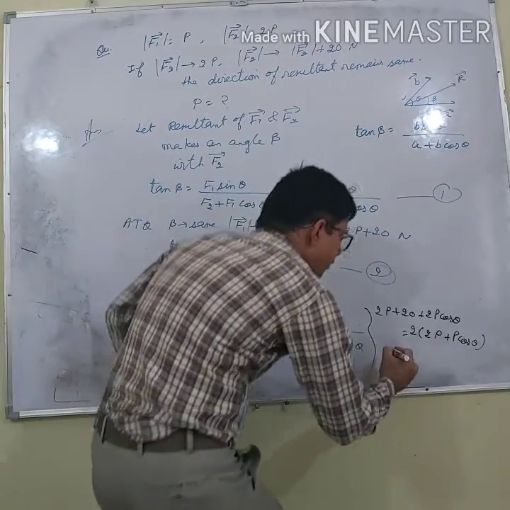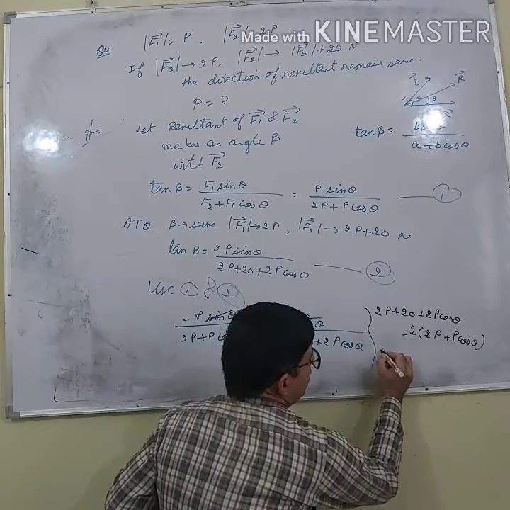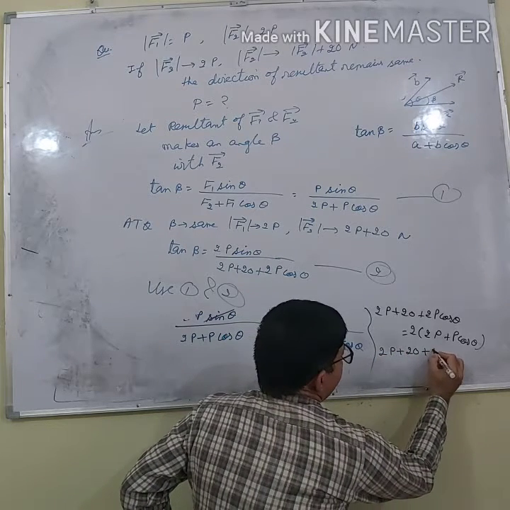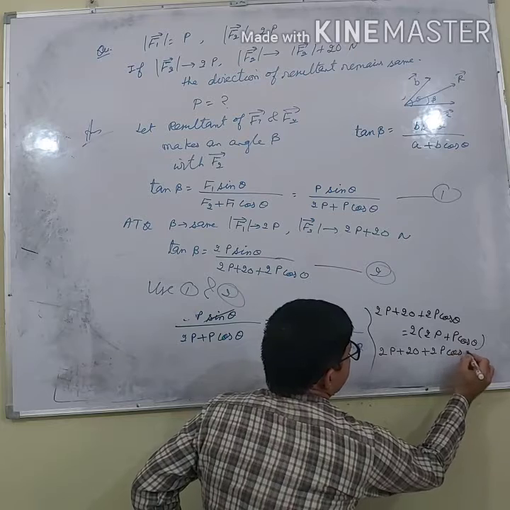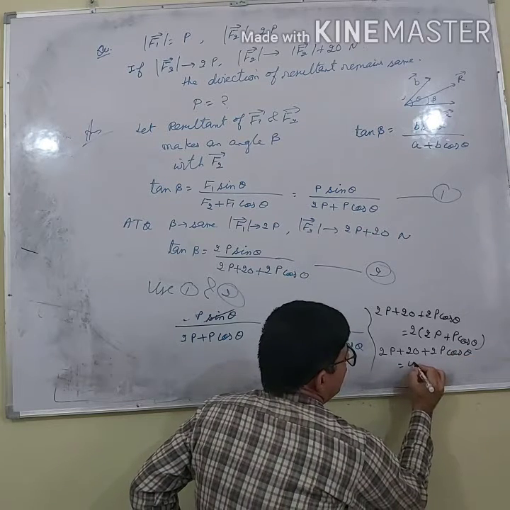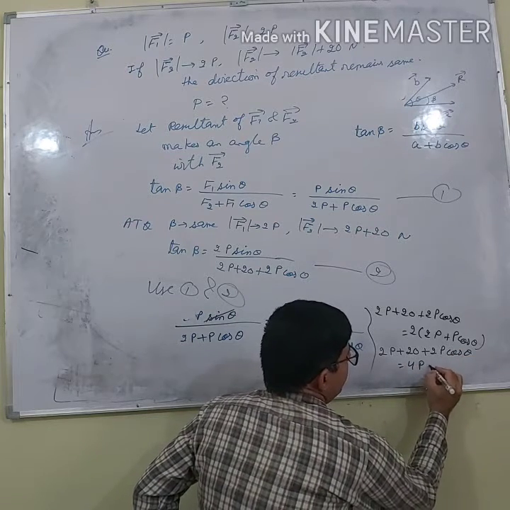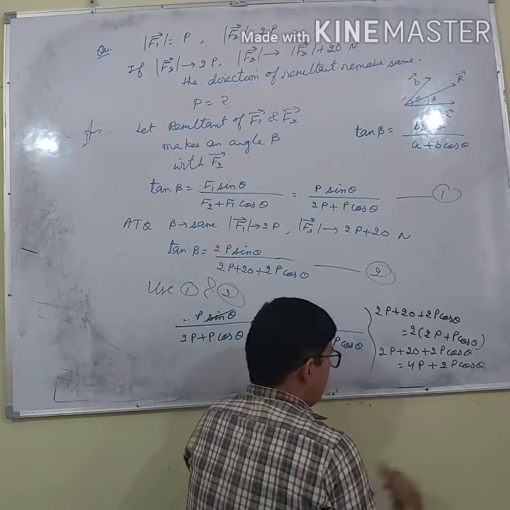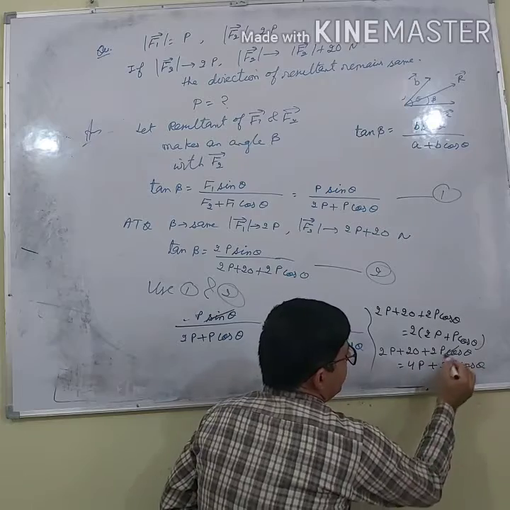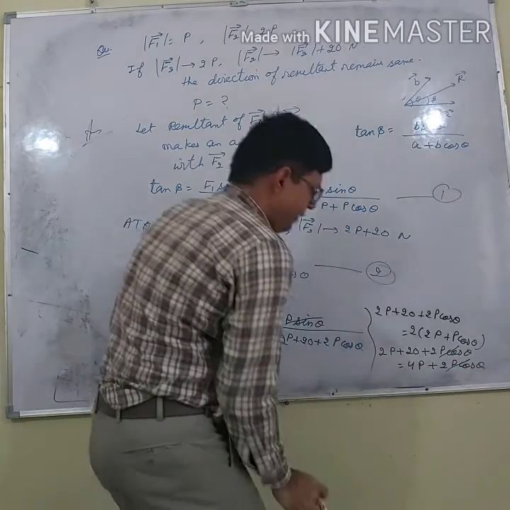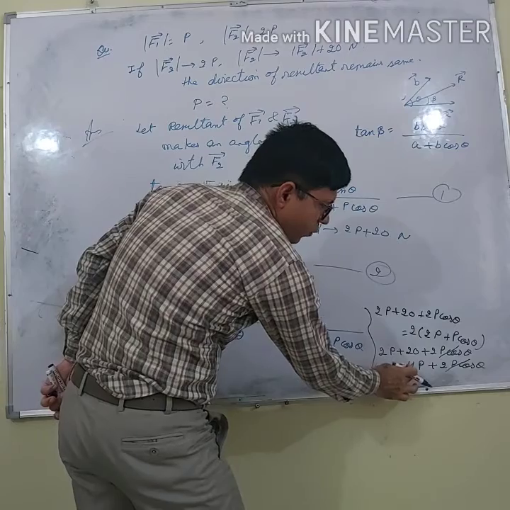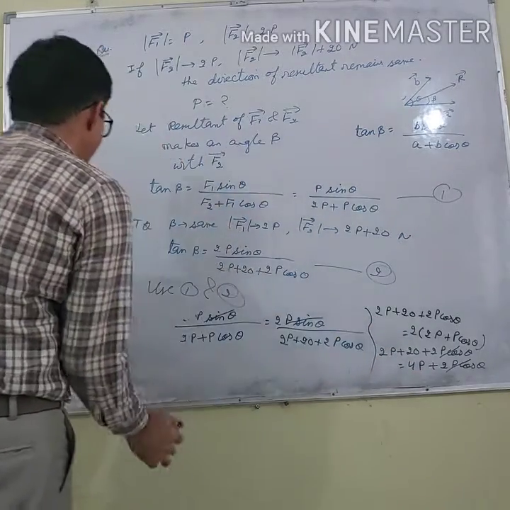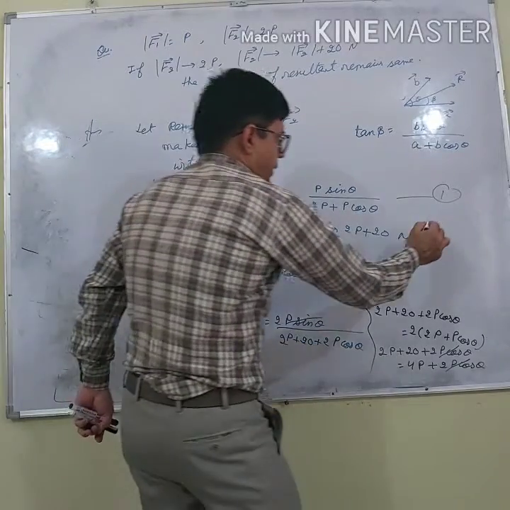Now if I try to solve this, how much will I get? 2p plus 20 plus 2p cos theta equals 2 2s are 4, 4p plus 2p cos theta. Now what happens? This 2p cos theta gets cancelled. So if I shift 2p here, how much will it be? 4p minus 2p.